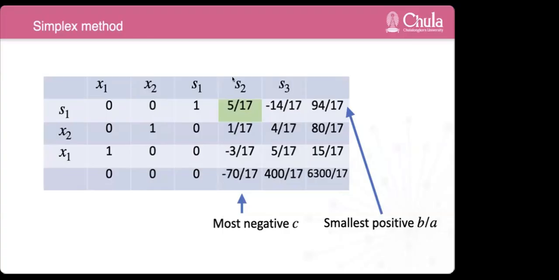So S2 will be our basic variable in the next round. And we have to remove one. And that one is S1. We're going to remove S1 from our basic variable, and S2 will be our new basic variable.